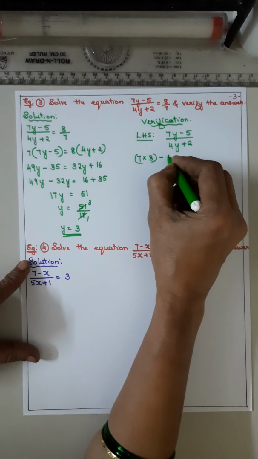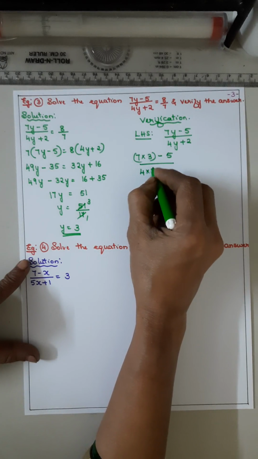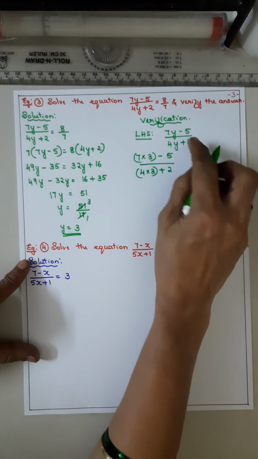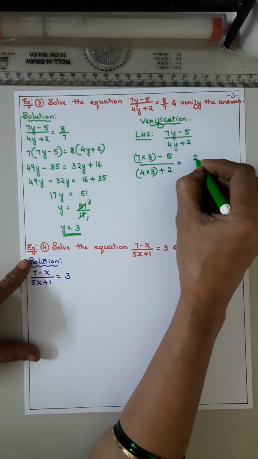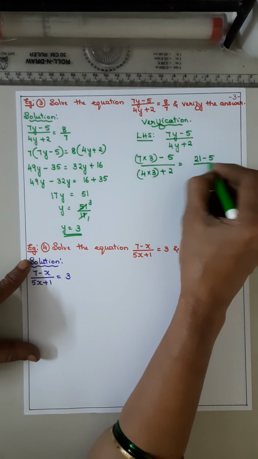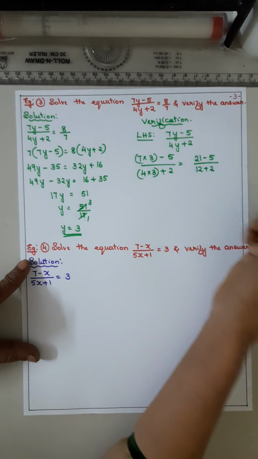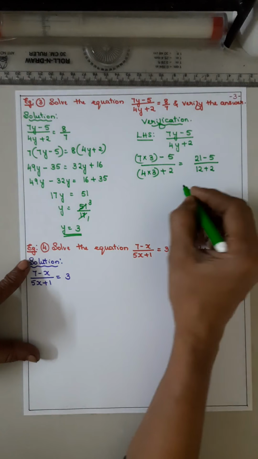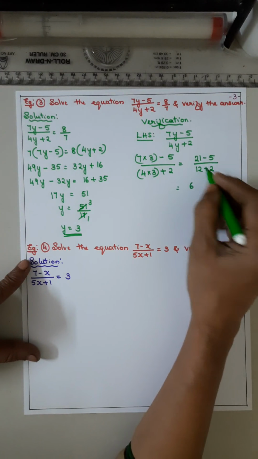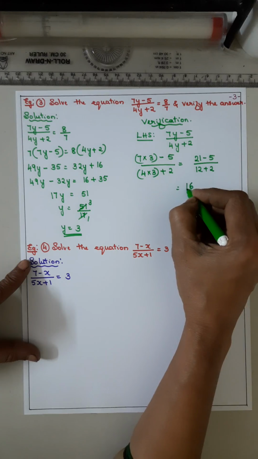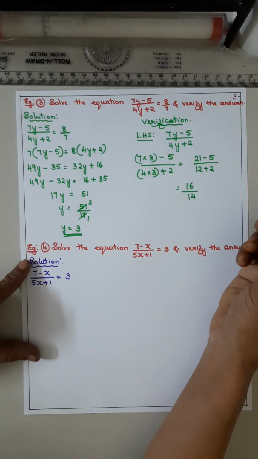So 7 into 3 minus 5 upon 4 into 3 plus 2. Okay. Now it is 7 3s are 21 minus 5 upon 4 3s are 12 plus 2. That means it is 21 minus 5 is 16. Now 12 plus 2 is 14.